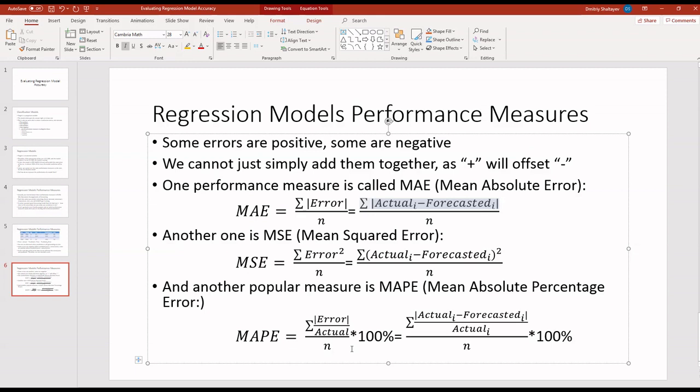The way it's calculated is, for each of my records, I have to calculate the error, so the actual minus the predicted, take the absolute value and divide by the actual. That will allow me to calculate what percent the error is of the actual value.